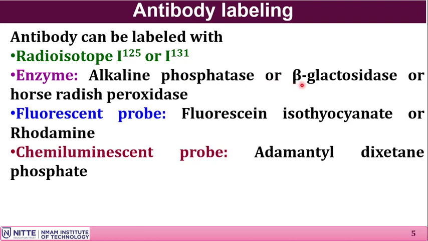Similarly, the beta galactosidase is also obtained from the bacteria, and horseradish peroxidase is extracted from radish.